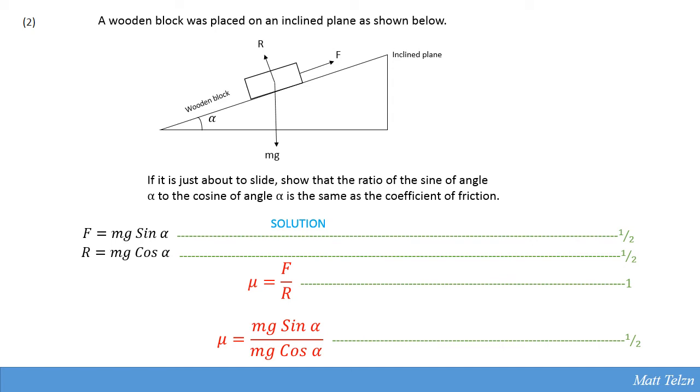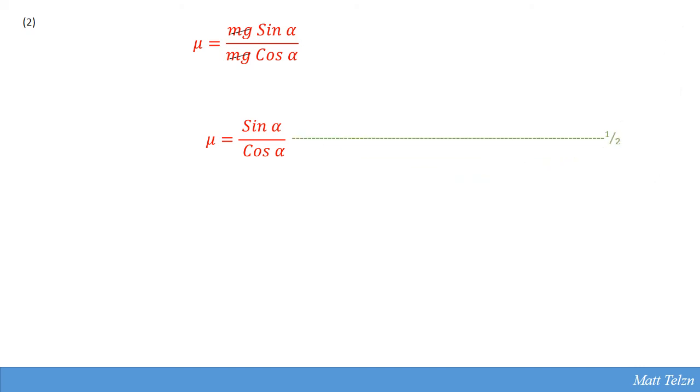Now you notice that mg and mg are common, so mg will cancel out. Our coefficient of friction will be sine alpha over cos alpha. The mark allocated is half, and this is your final answer.